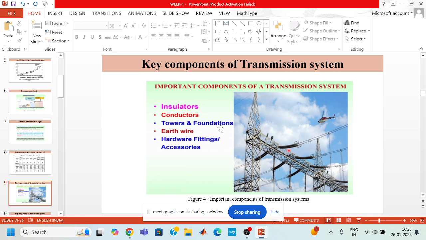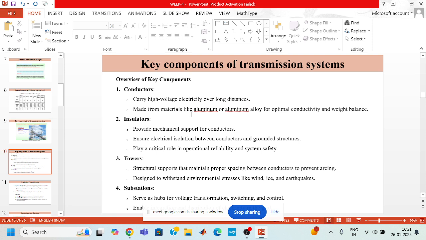The main component first is insulators. Insulators provide mechanical support for conductors, and ensure electrical isolation between conductors and grounded structures, and play a critical role in operational reliability and system safety.